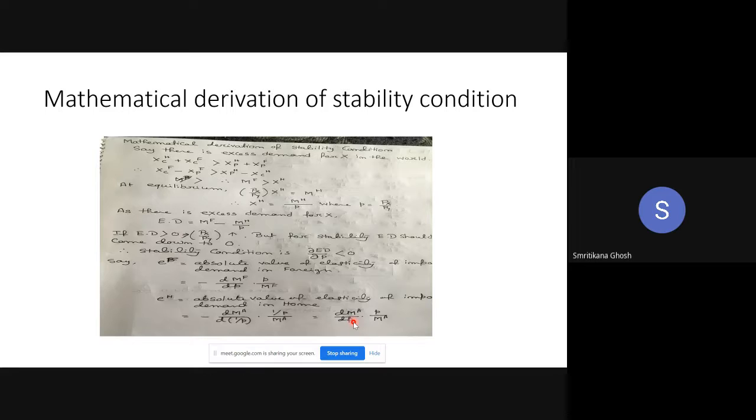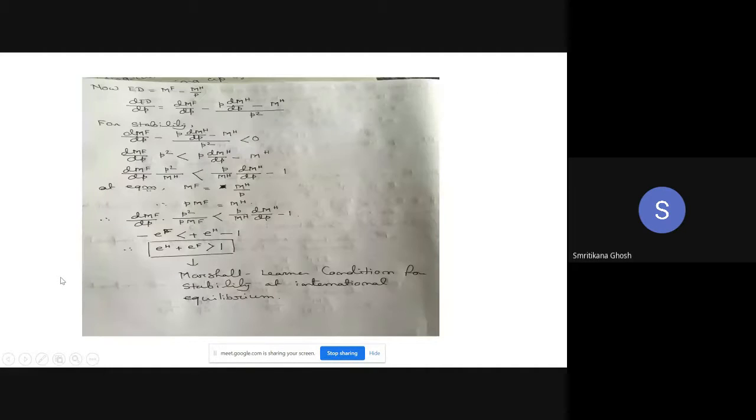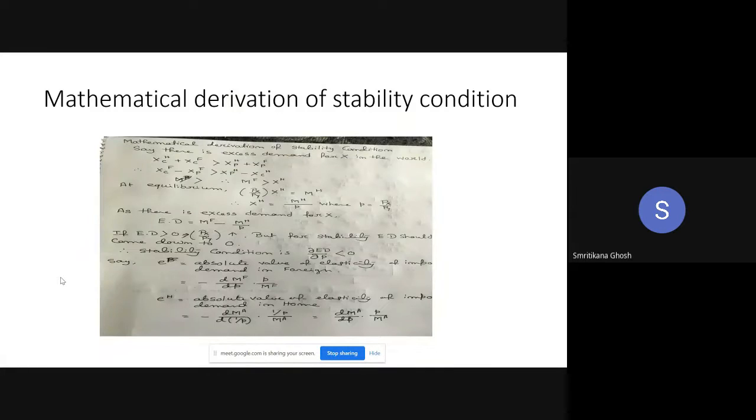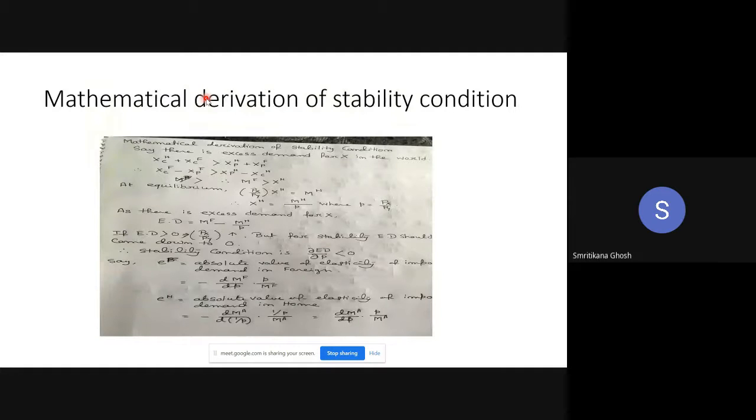Now look at the next one. The excess demand is MF minus MH by P. Look, this is your excess demand.